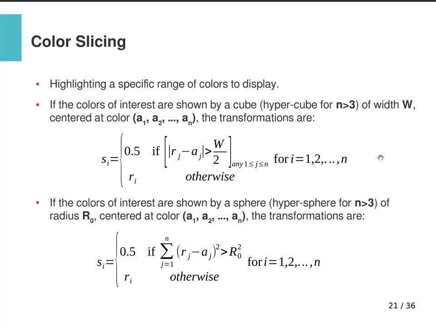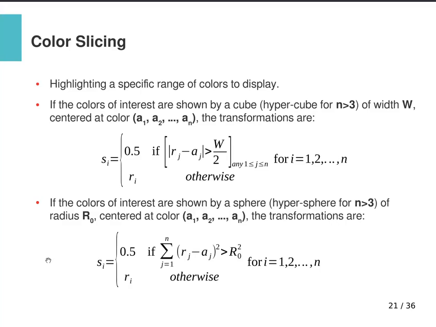What you basically are doing here is that you define a hypercube or a cube in the color model, in the color domain. Whatever color that falls inside of this cube is preserved, while any color that is outside is replaced by a constant value. You can do this similarly by considering a sphere or a hypersphere.